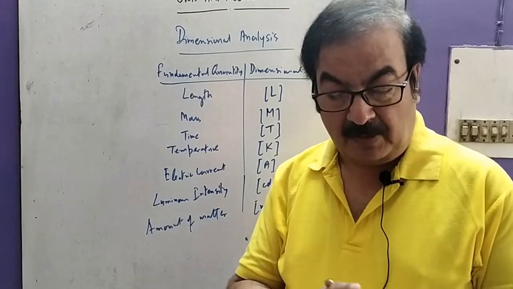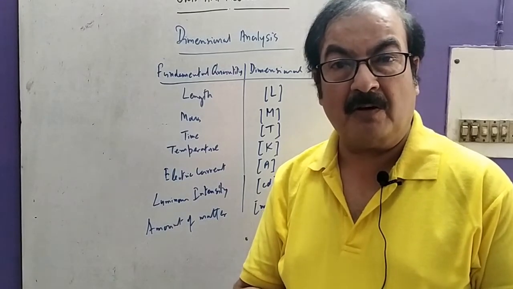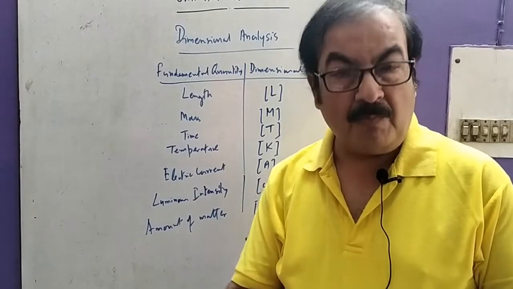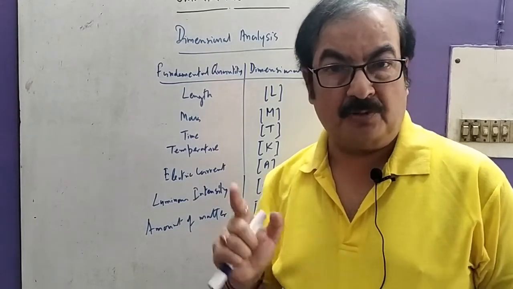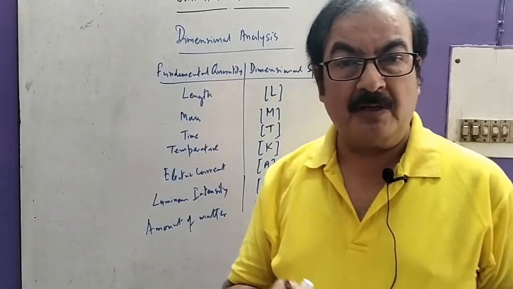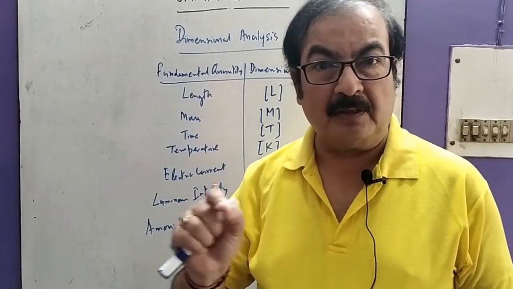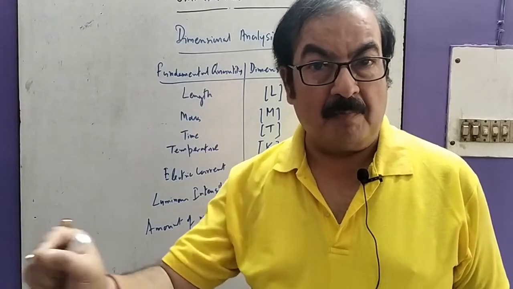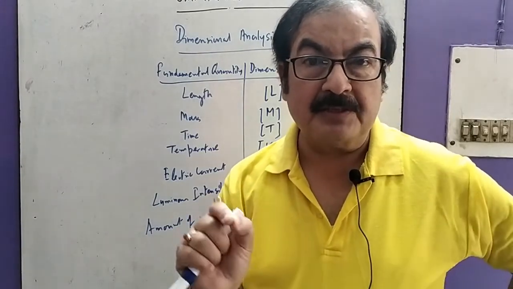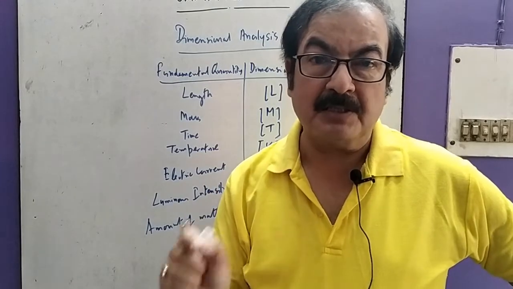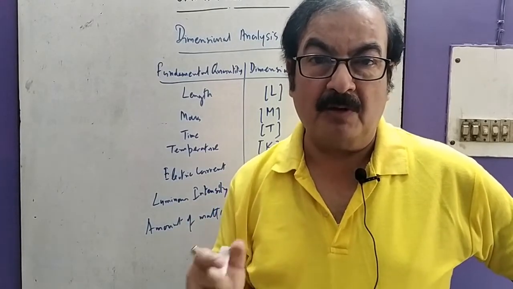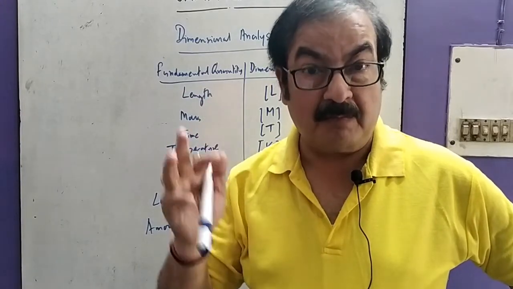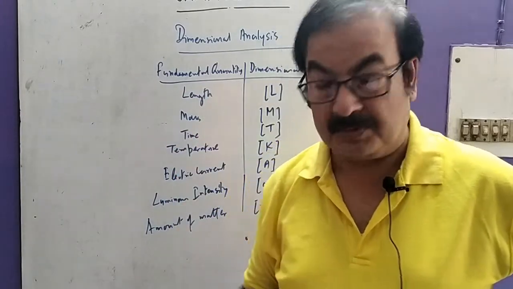If I ask for the dimension of force, the dimensional formula of force is MLT^-2. The dimensions of force are: dimension of mass is 1, dimension of length is 1, and dimension of time is -2. Those powers are our dimensions.